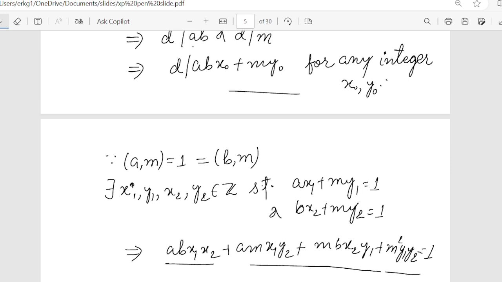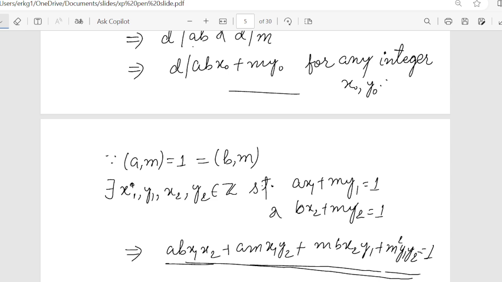So d divides ab x1 x2 plus m times (a x1 y2 plus b x2 y1 plus m y1 y2). From here we put the value of this as 1.